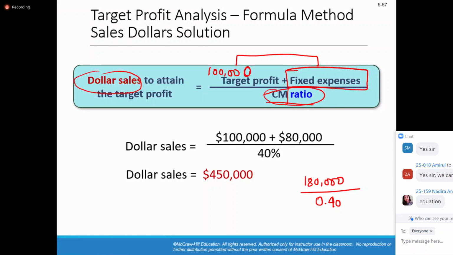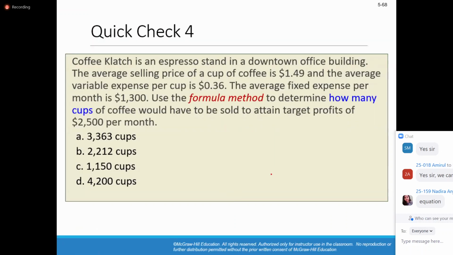This is the dollar sales volume. This amount indicates that for getting the $100,000 profit, I need a sales dollar amount of $450,000. Okay, so let's have a quick check.